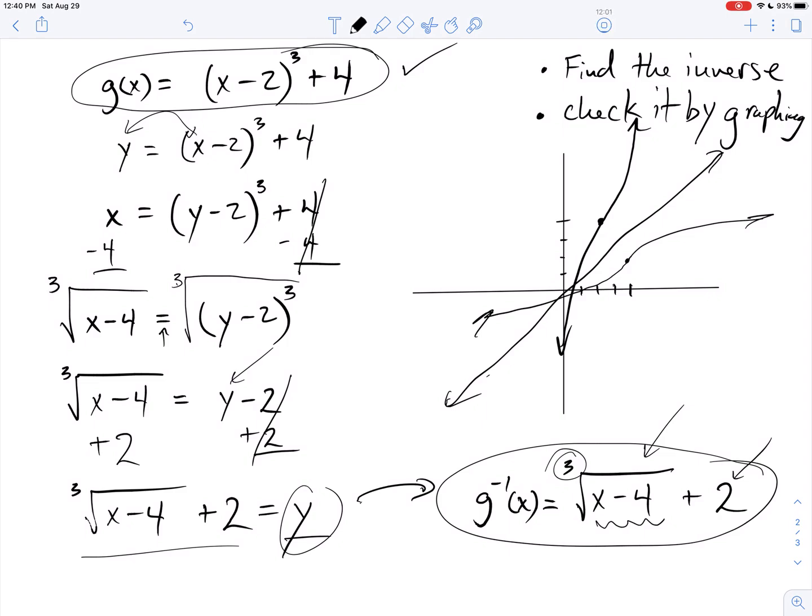Now, granted, this is a rough sketch. I could have done a little bit better. Let me take it away and try again, just so it looks a little bit better.